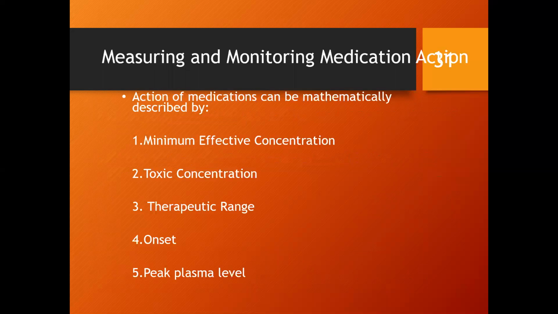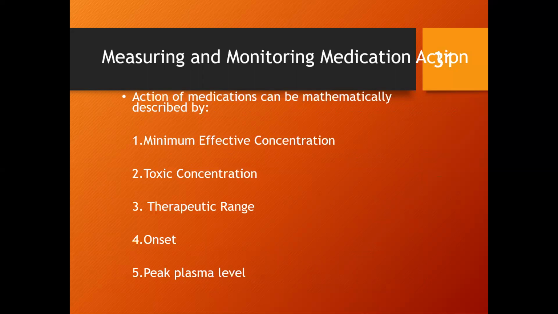Measuring and monitoring medication action. Action of medications can be mathematically described by minimum effective concentration, or MEC. Exactly as it sounds, it's the minimum amount of medication to achieve the expected outcome. Toxic concentration: what is the highest level I can give before you become toxic?